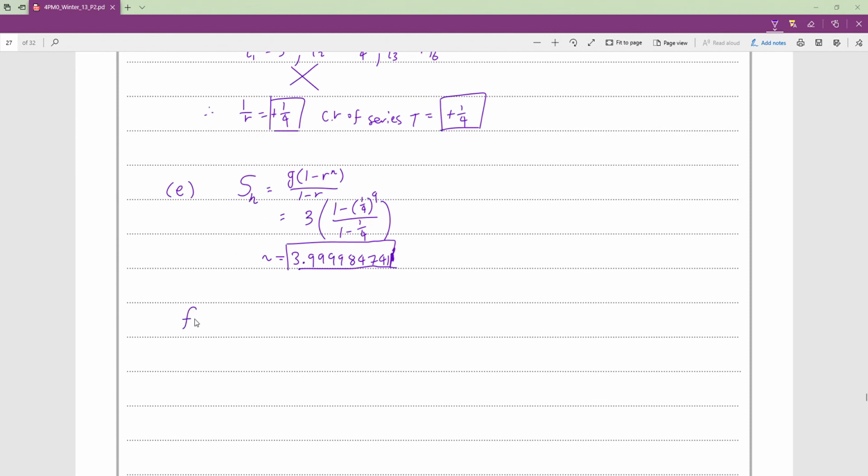We already know by inspection of the result from E, T infinity is equal to 4, because this is so close to 4 that it's unlikely to be anything else.